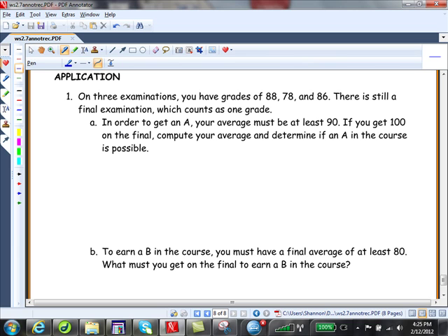If you get 100 on the final, compute your average and determine if an A in the course is possible.